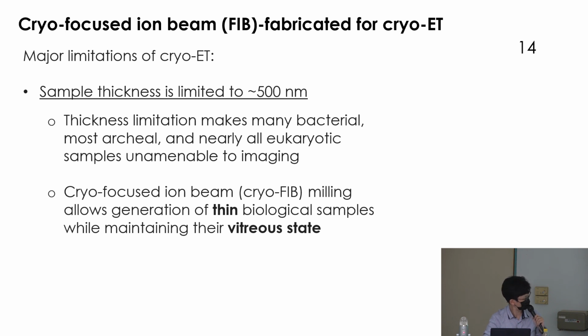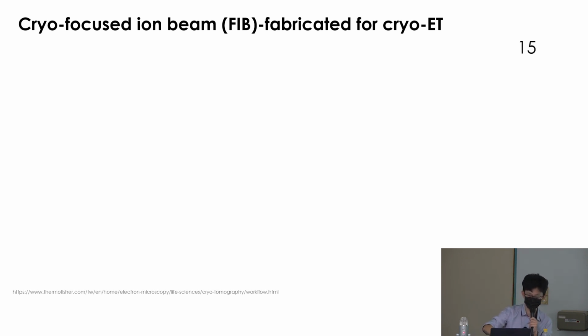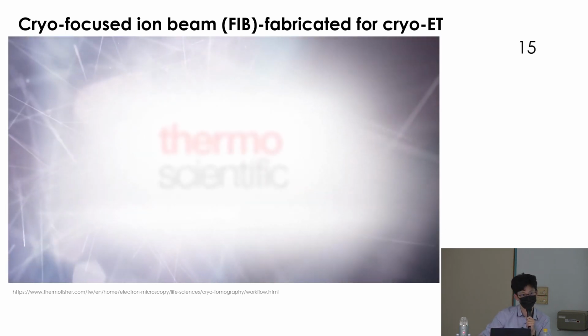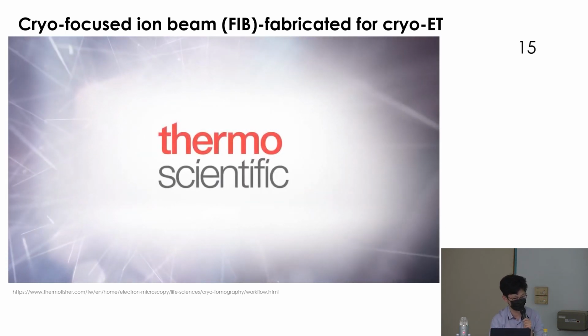So in cryo-ET, we use this cryo-focused ion beam, or cryo-FIB milling technique. This will thin your sample while it is maintained in its frozen state. Let's look at another movie to give you a better idea of how this experiment is done.